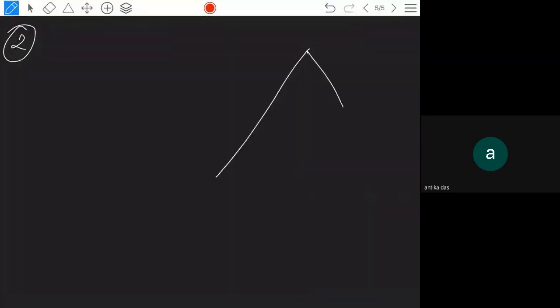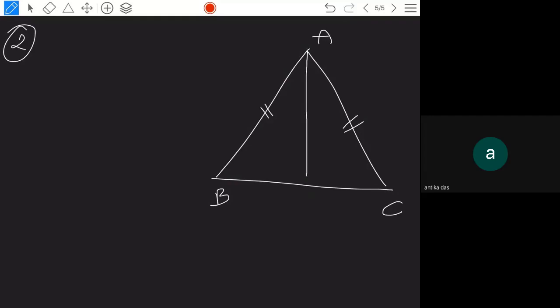I will explain through the figure, not the full proof. In triangle ABC, AB is equal to AC is given, and AD is an altitude. Altitude is nothing but 90 degrees, as given. Suppose this is not an isosceles triangle, but the altitude from A to BC would be drawn like this.